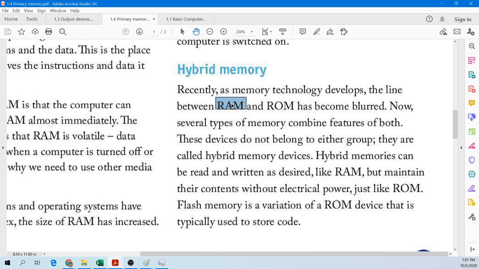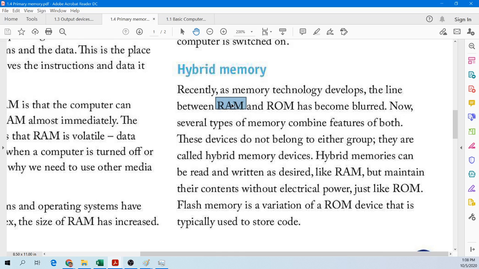And when you are reading, it means you are taking it off. So for RAM, you can read and write information or data. But ROM, yes, you can write, but it's only a one-time write by the company. And after that, you can only read.